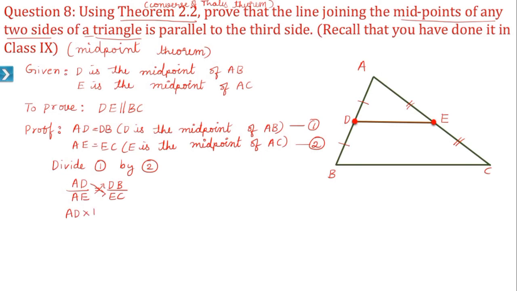Now cross multiply, AD into EC is equal to DB into AE. Now take DB to the left hand side, then EC to the right hand side. That becomes AD by DB is equal to AE by EC.